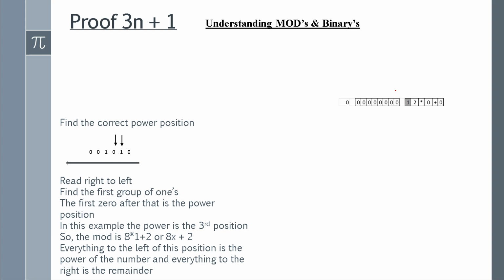We can start with 8 zeros and go to 8 ones. We're going to look at the number itself, what it looks like in binary, and then what its power number looks like. So here we have the number 8.